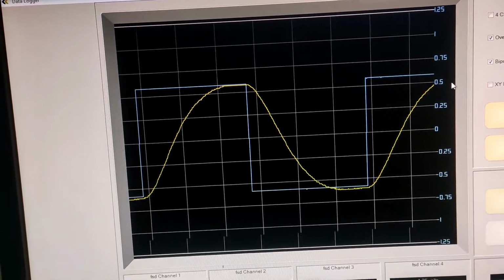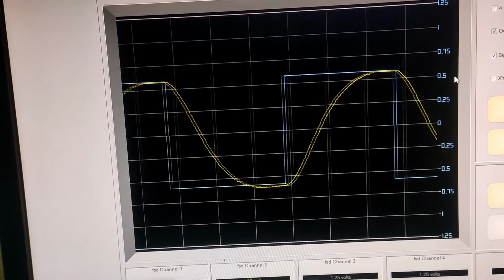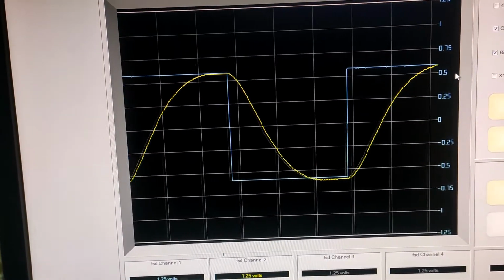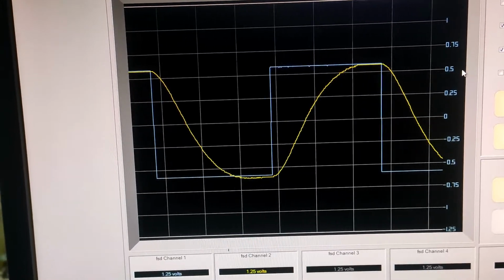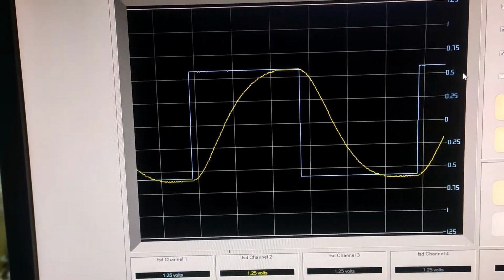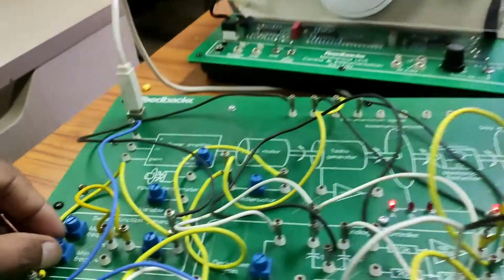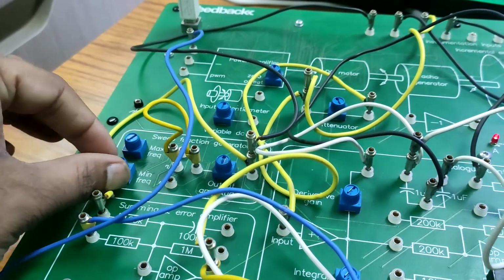You see that the yellow tries to reach the top phase or bottom phase after some time, but it is not exactly following the square wave. For that instance we are giving more time to this controller.